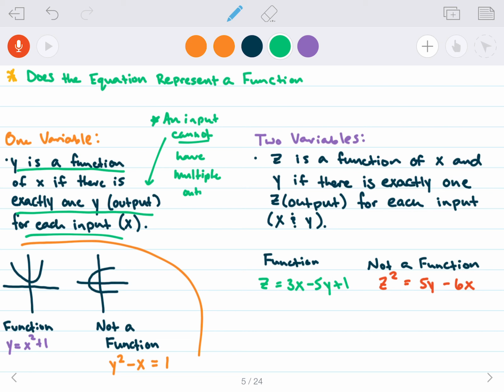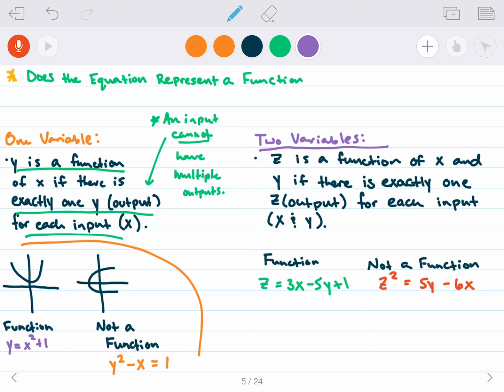So we're going to extend this idea into 3 dimensions. Now we're not going to use the vertical line test. We haven't talked about graphs quite yet. What we're going to do is just think about this algebraically. So let me show you what I mean. Let's extend our definition to 2 variables. z is a function of x and y if there's exactly one z, exactly one output for each input x and y.